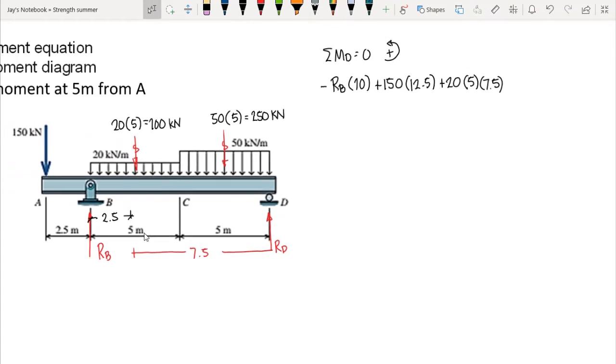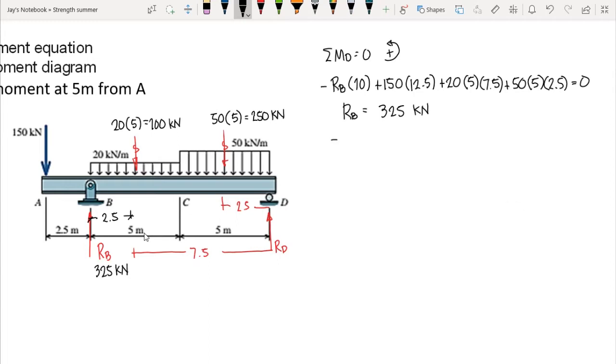Since the rotation of the 50 kilonewton per meter load is counterclockwise, we have plus 50 times 5, and then the moment arm from D is 1/2 of 5 meters, that is 2.5. So we have times 2.5, and this is equal to 0. So we have our reaction at B equal to 325 kilonewton.